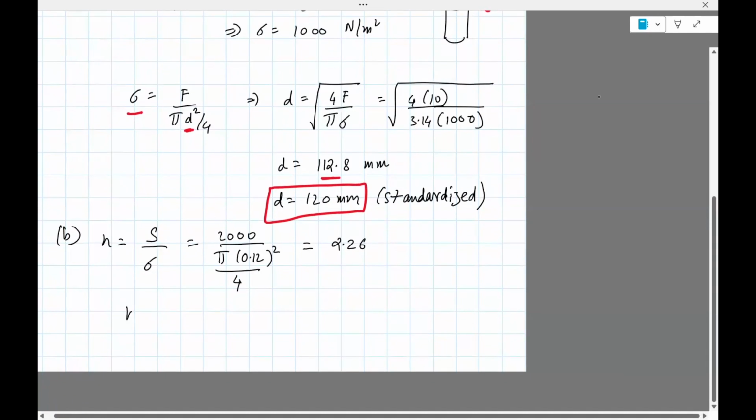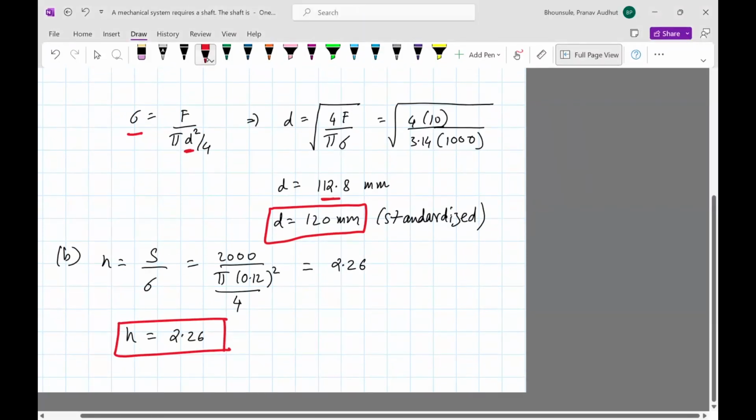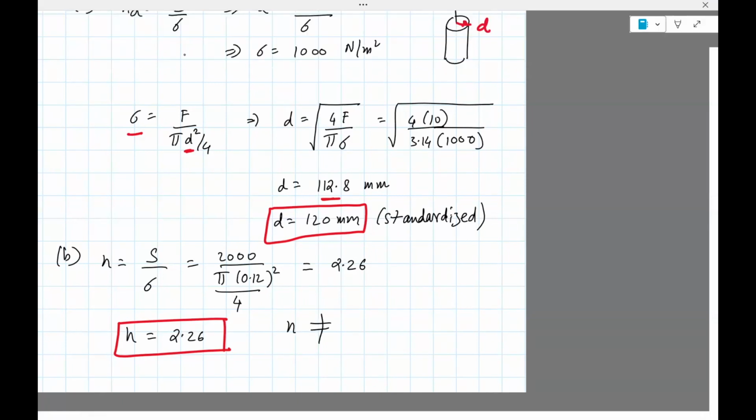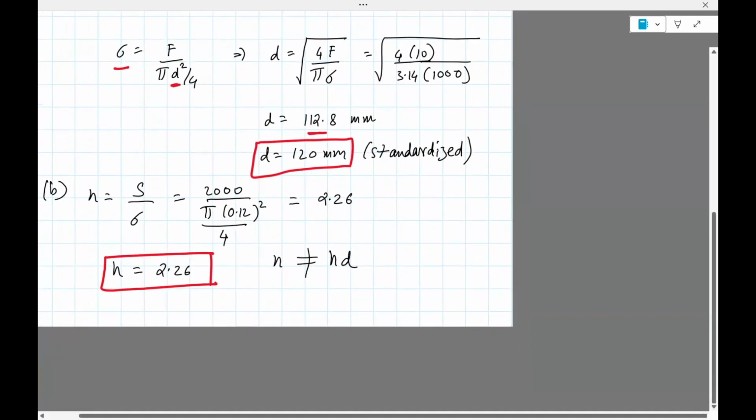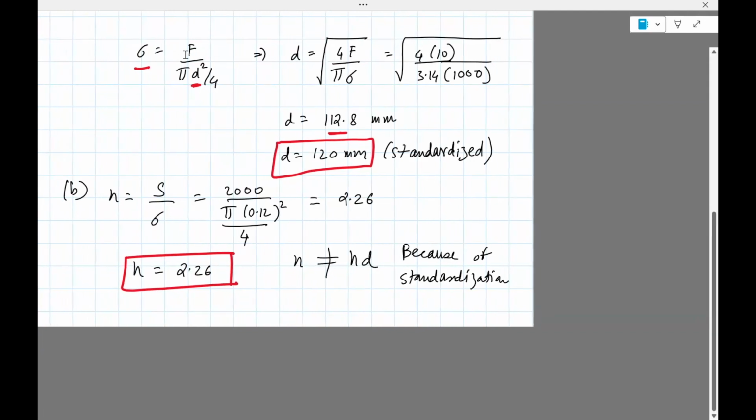So we have the factor of safety is 2.26. And note that the factor of safety n is not equal to nd because of standardization. So hopefully that's now clear why those two terms are not the same.